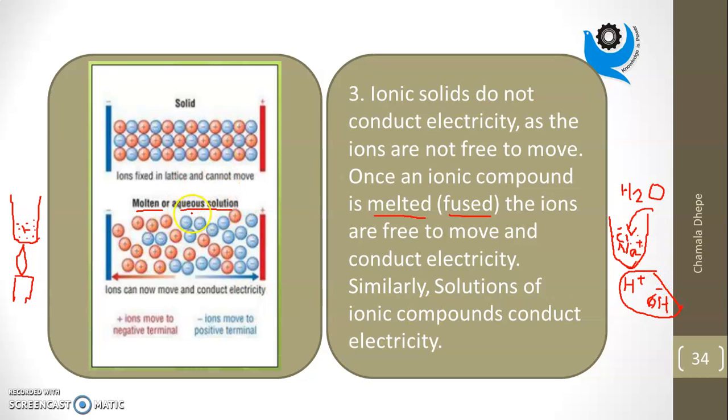But in the aqueous solution, these two are also present. Clear? So in aqueous, H+ and OH- are present, whereas in the molten or fused state, water is absent, and only Na+ and Cl- ions are there.